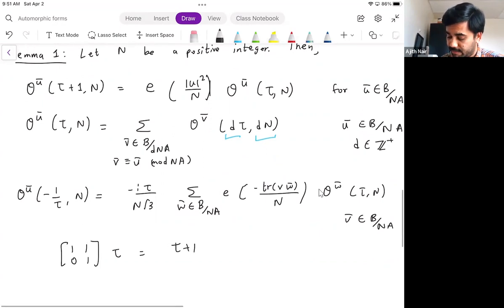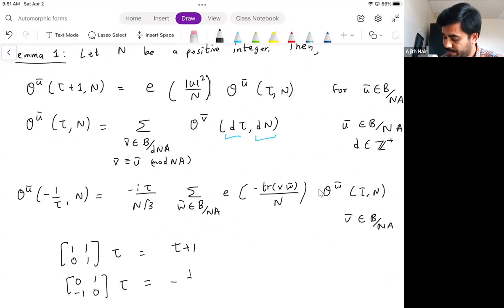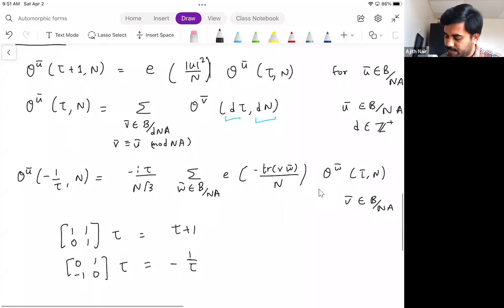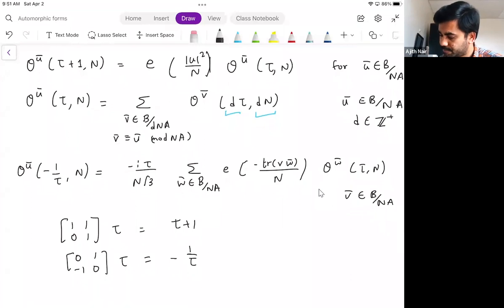And if you have 0, 1, negative 1, 0, this is just going to be negative 1 over tau. So I just want to see how the theta function behaves under these actions of the modular group. It's not exactly invariant, but we want to see how it transforms.